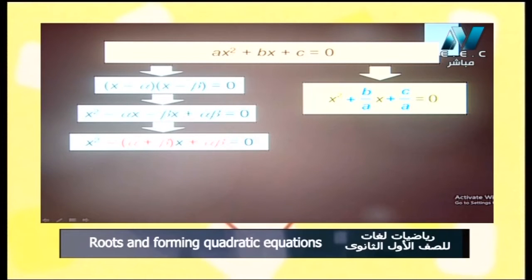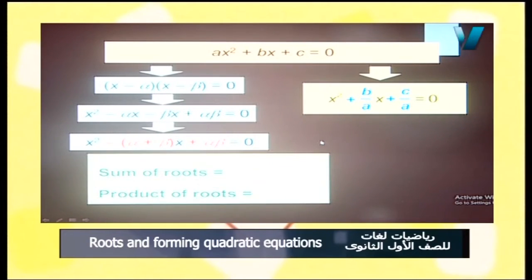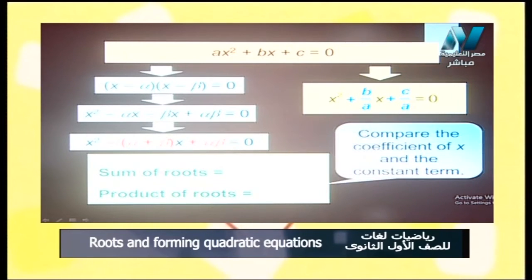So the negative sum of the two roots equals b over a. By comparing, yes, the sum will be negative b over a, and the product here, alpha beta, will be c over a. Yes, the sum alpha plus beta is negative b over a.